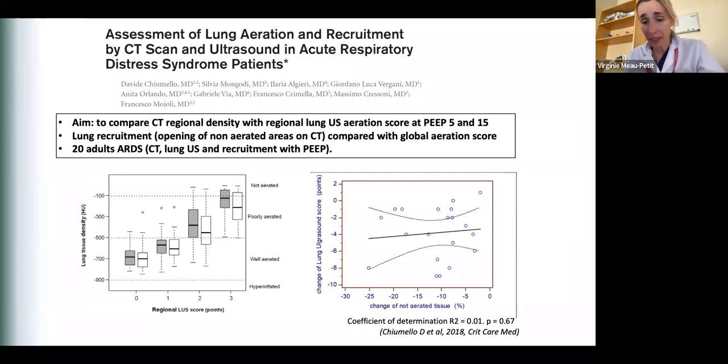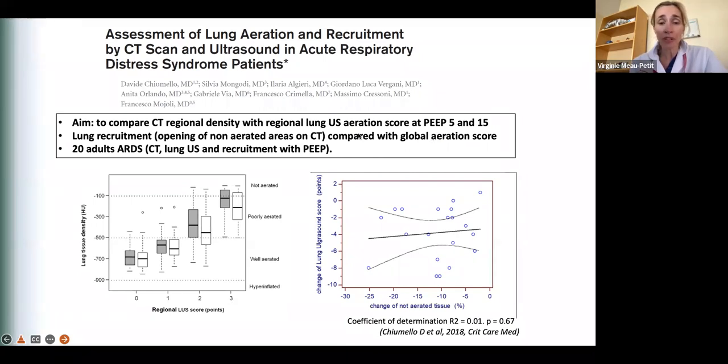The other gold standard we said in adults to check the recruitment of the lungs using increasing PEEP was the CT scan. The advantage of the CT scan is that you can look at a global but also regional aeration score.